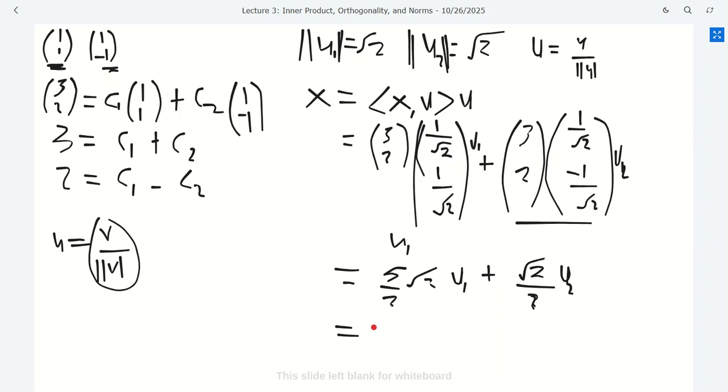So we have 5 divided by 2 root 2. And what is the vector? The vector is what? 3, 2, right? So if you find this, if I want to find the magnitude for this, what do you think the magnitude will be?